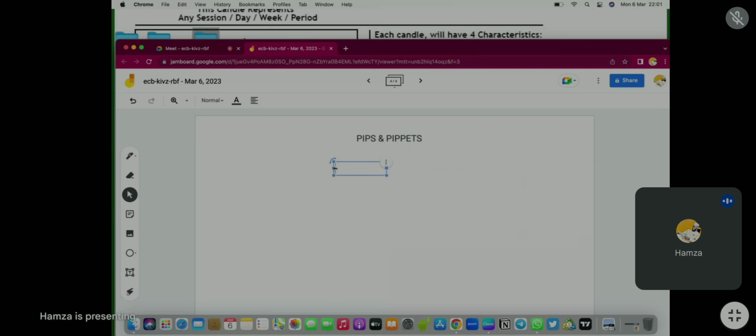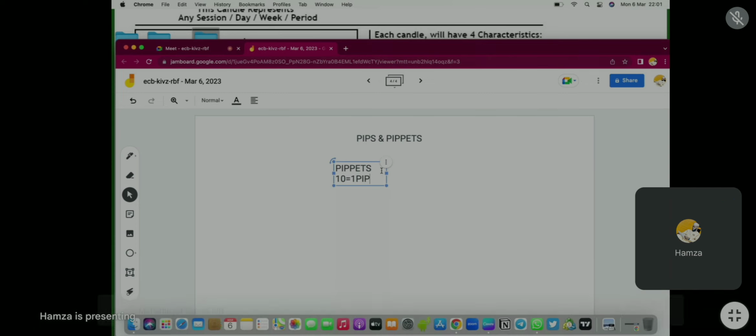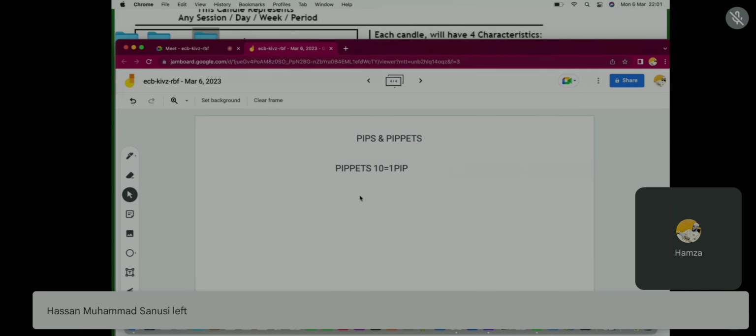Just know that a pipette has to tick 10 times before we have 1 pip. So 10 pipettes make up 1 pip. Ten pipettes make up 1 pip.